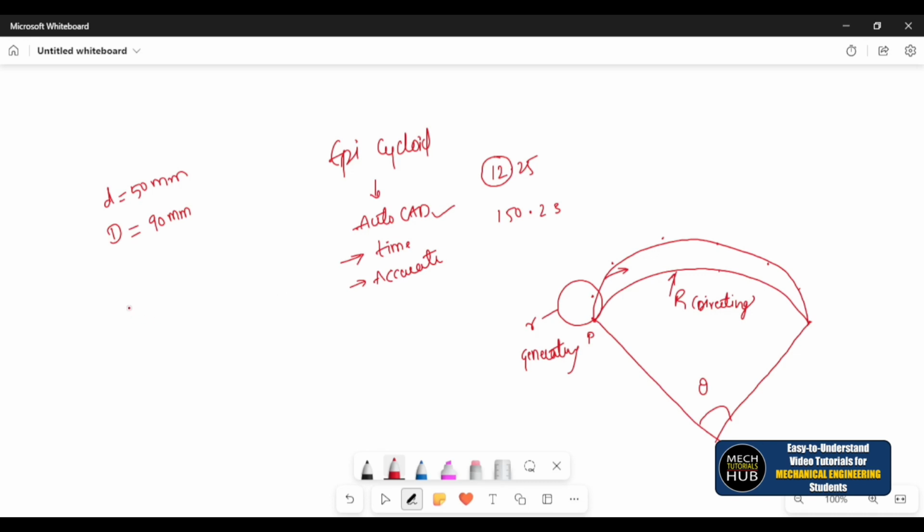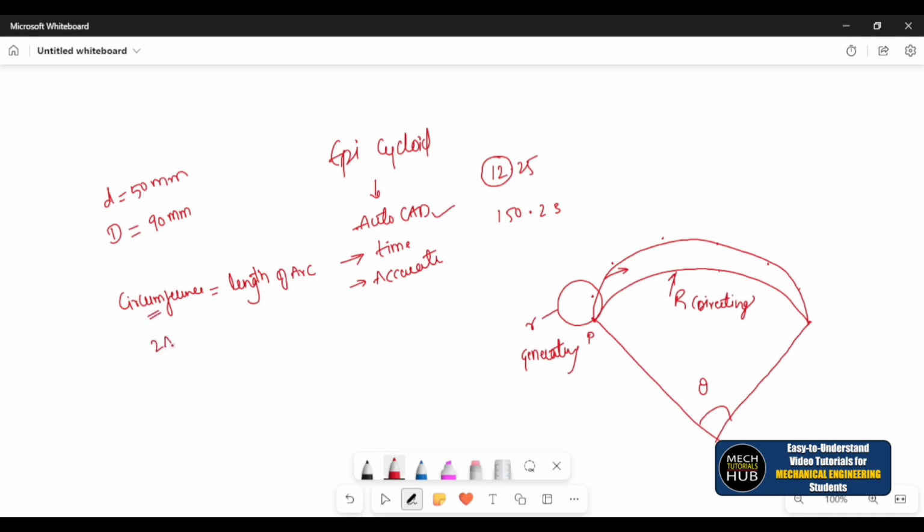Okay, the formula is, the circumferential distance or length of the rolling circle is equal to length of arc. Alright, now what is the circumference of a circle?